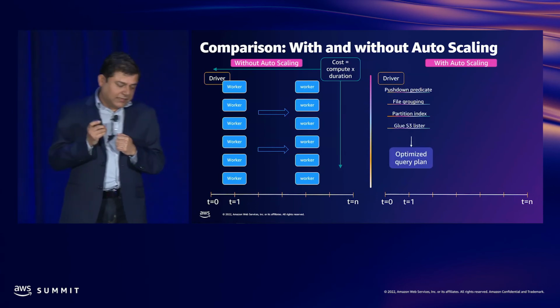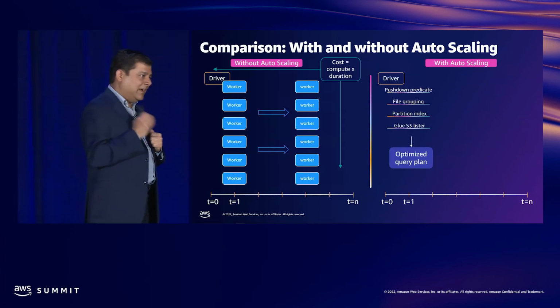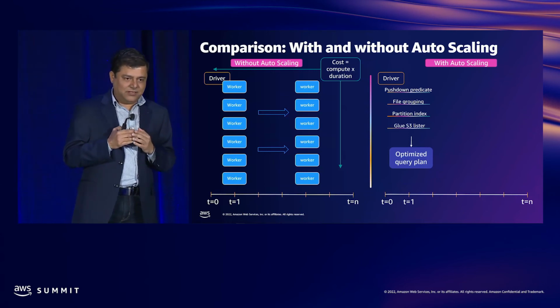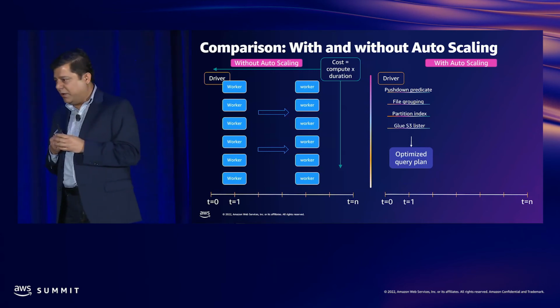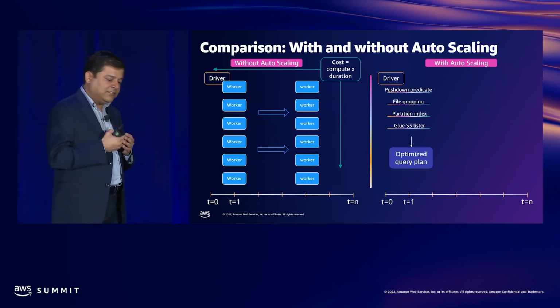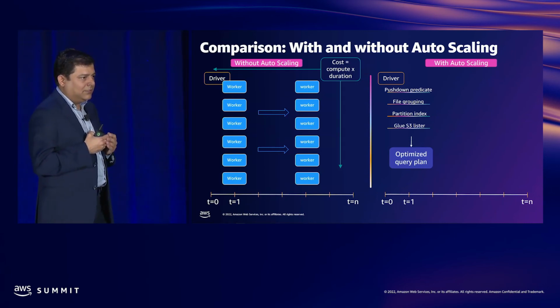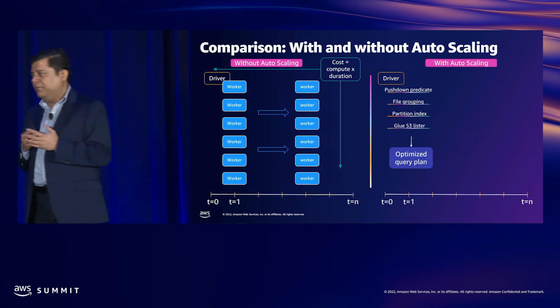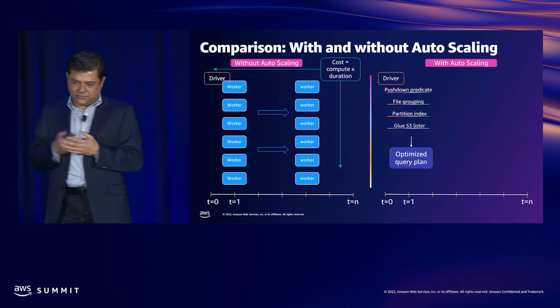Now, with auto scaling, the driver is doing all these optimizations. The driver is looking at your query, reducing the number of partitions, filtering out unnecessary partitions. It's identifying the right grouping based on your input or your data transform.